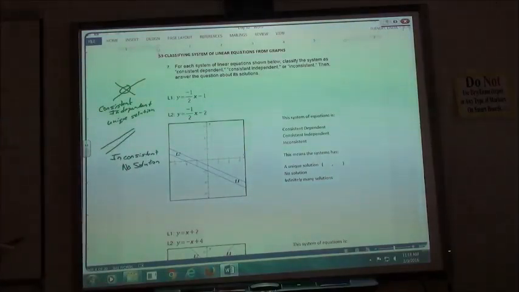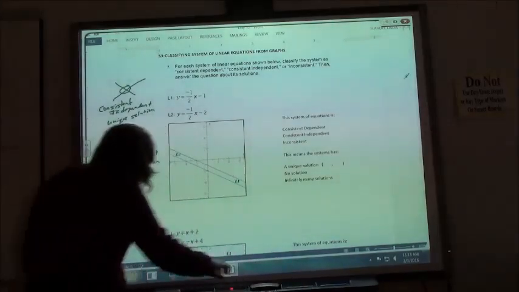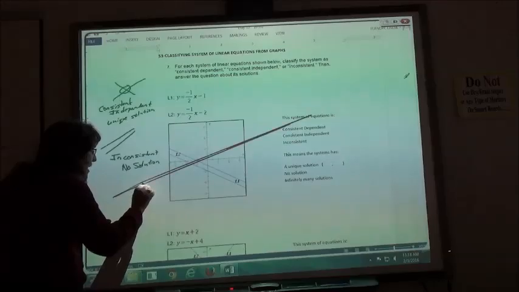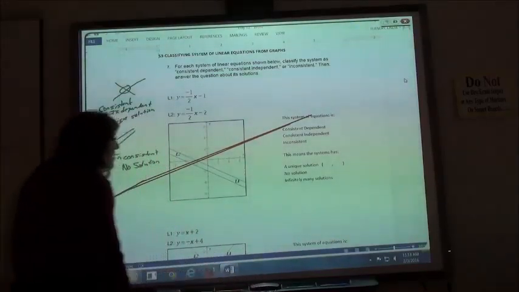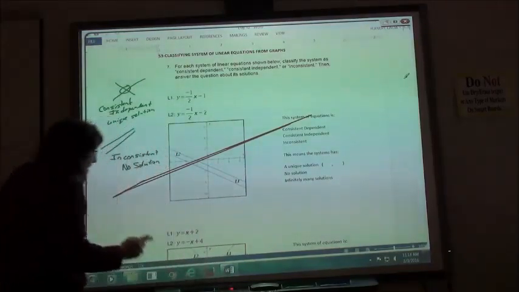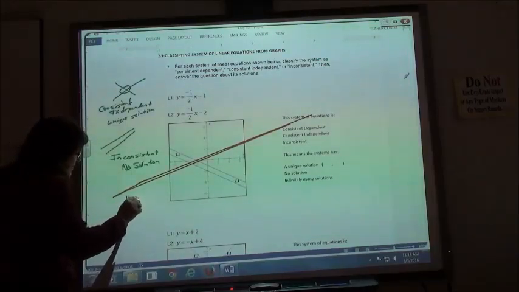Third way I could have two lines is if I have one line and my other line happens to be exactly on top of that line.